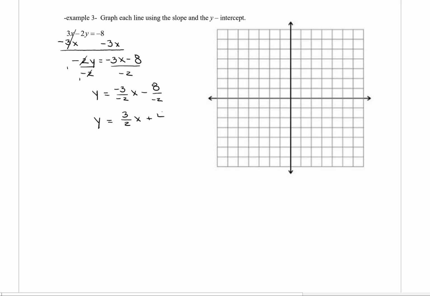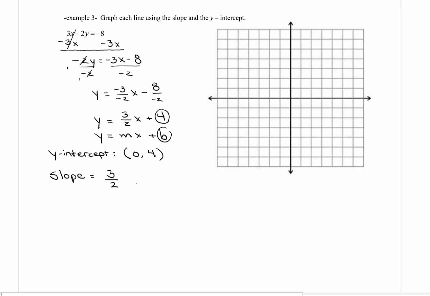My y-intercept in this equation is the ordered pair (0, 4). I'm going to write down slope-intercept form, y equals mx plus b, right underneath the equation, and I've circled the 4 and the b so you can see how they are lined up here.